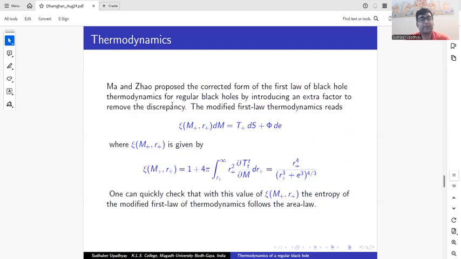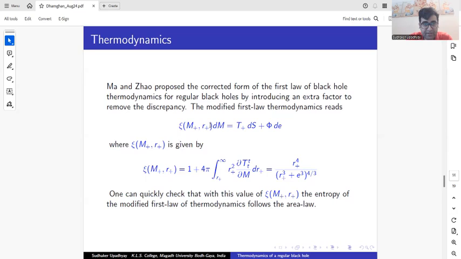So to improve this solution, this is the case for the regular black hole solution, where this does not follow the standard first law of thermodynamics. So Ma and Zhao proposed a corrected form of the first law of thermodynamics for regular black holes by introducing an extra factor in front of the mass term.